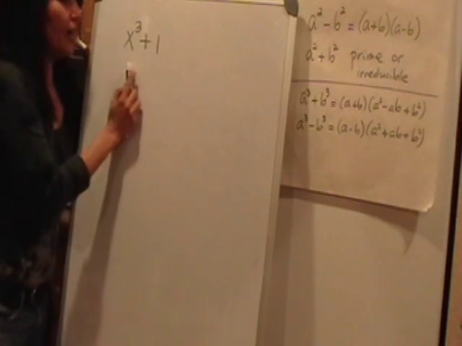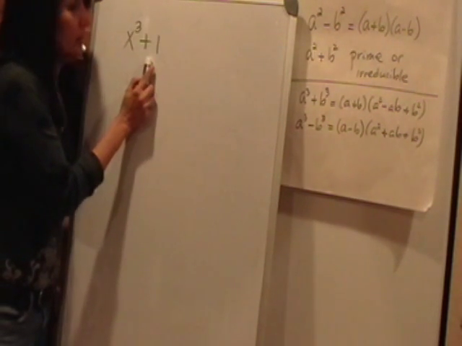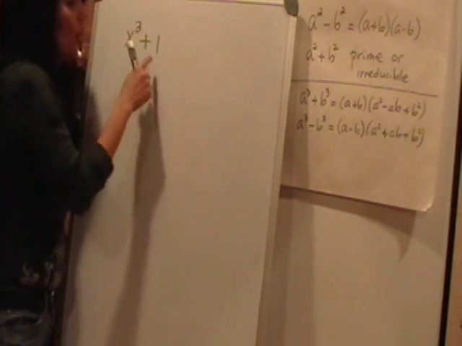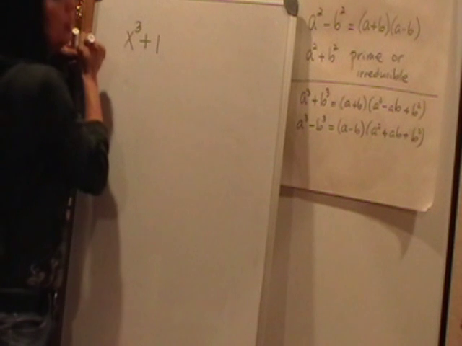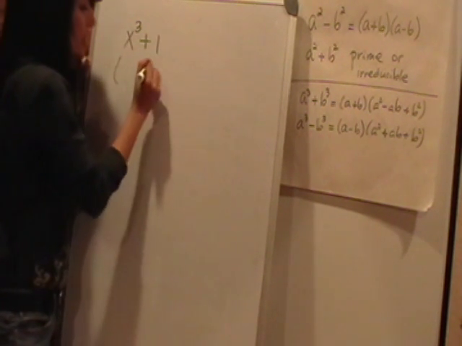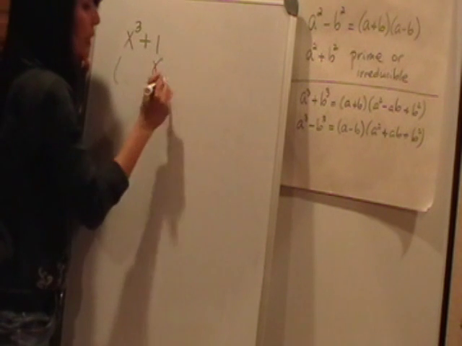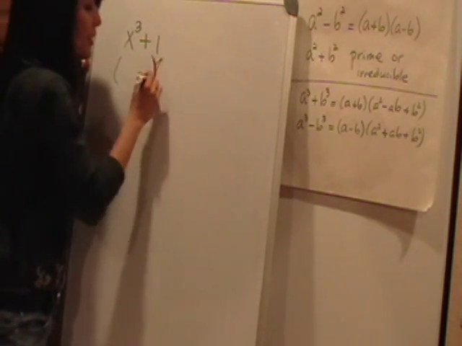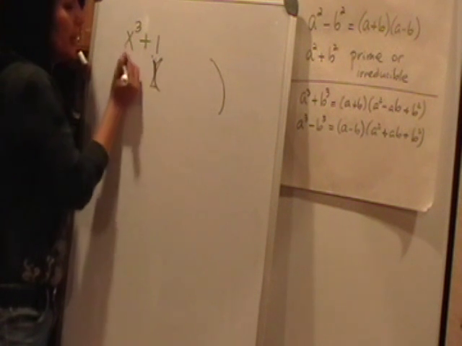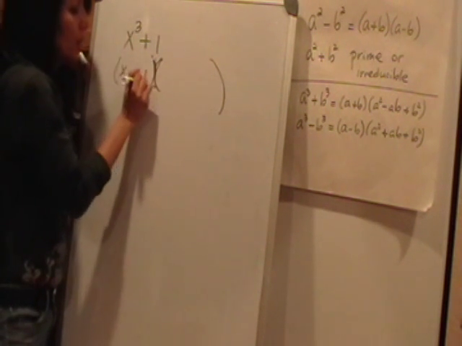Let's say we want to factor x cubed plus 1. So x cubed is a perfect cube. You heard me say cube, right? 1 is, of course, a perfect cube because 1 is 1 cubed, right? So if we want to factor this, it will consist of a short factor and a long factor, right? The first factor will be the binomial x plus 1, right?